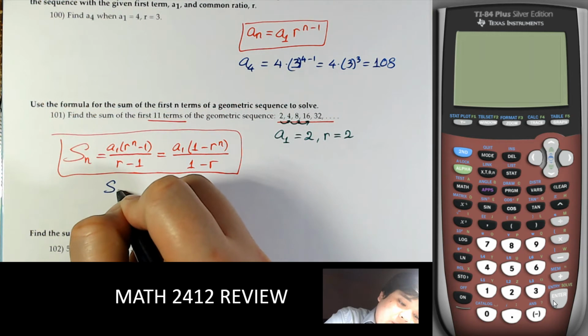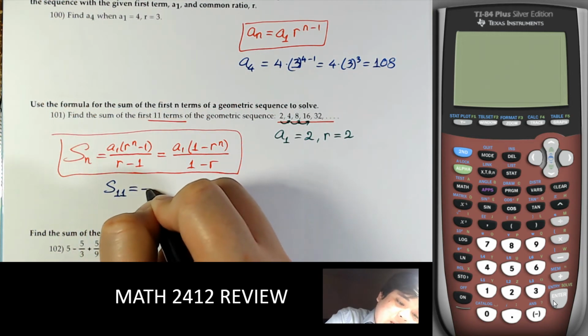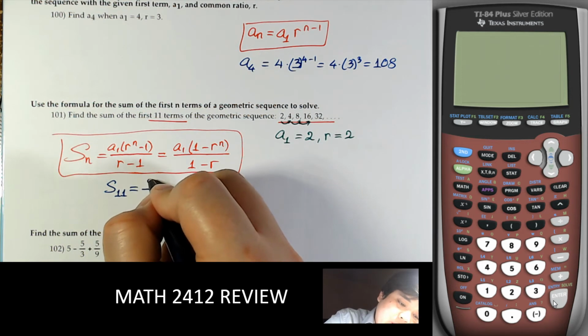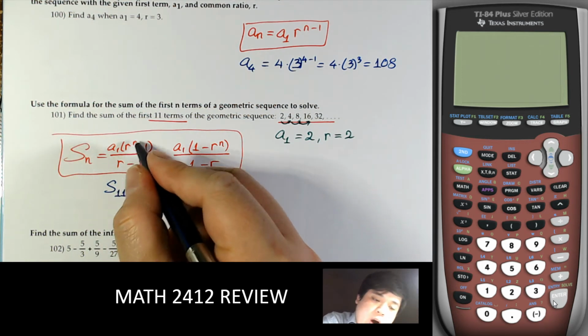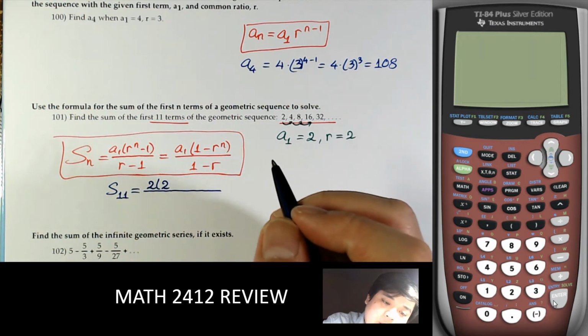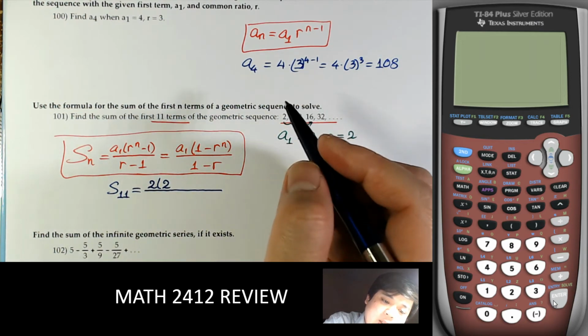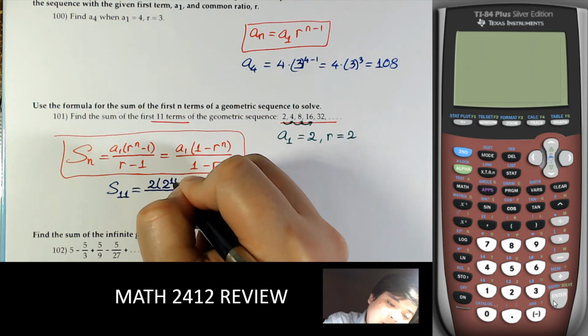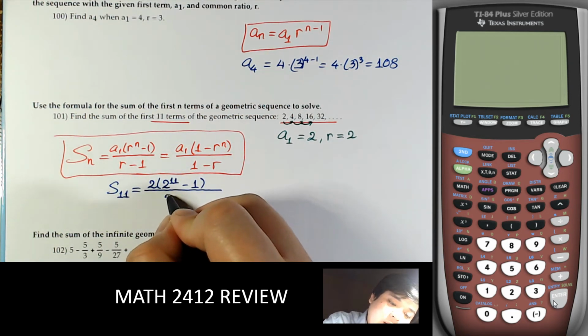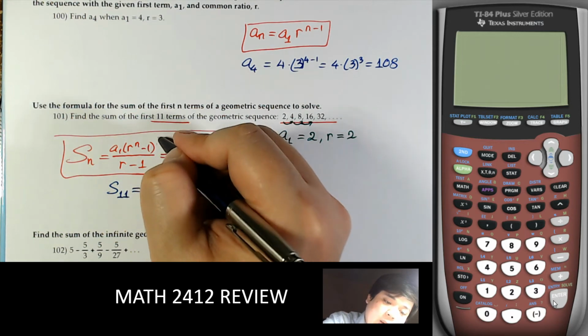So the sum of the first 11 terms equals the first term, 2, times r to the n. The ratio is 2, to the n power 11, minus 1, divided by 2 minus 1. By the way, I'm using this one.